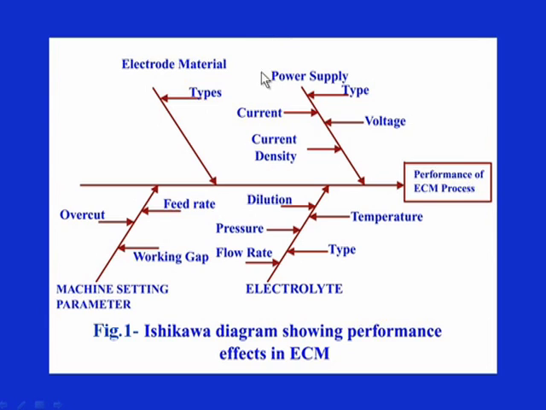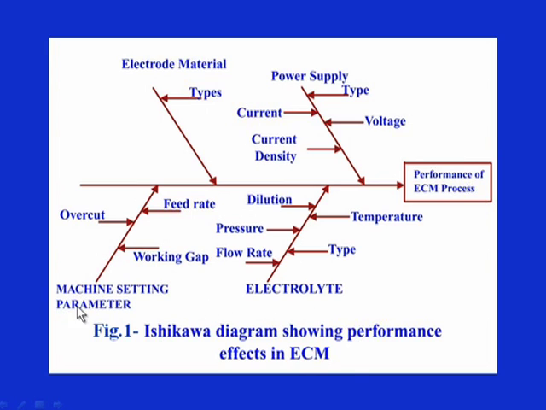Then the power supply based parameters, like the type of power supply, the voltage applied which is usually around 10 volt, then the current which depends on a number of other parameters as we have already discussed, and the material removal rate as well as the finish will depend heavily on this current. The current density means current per unit area.